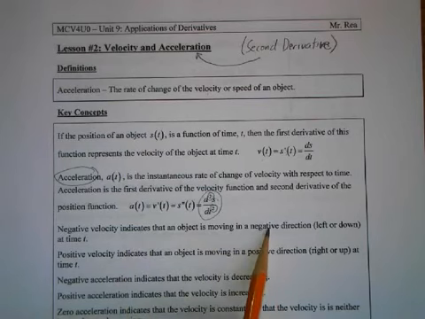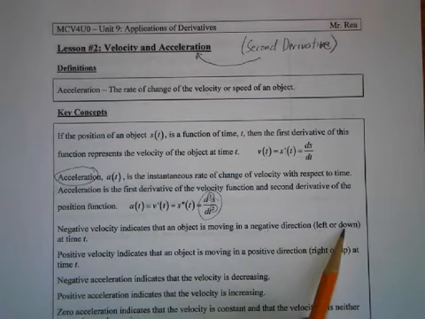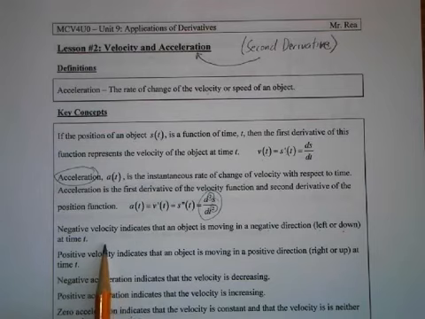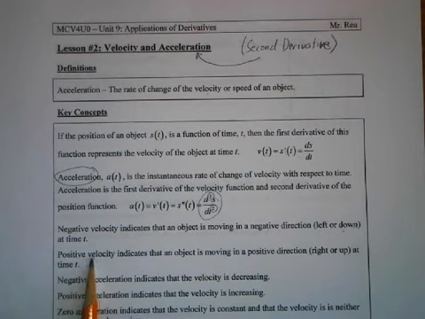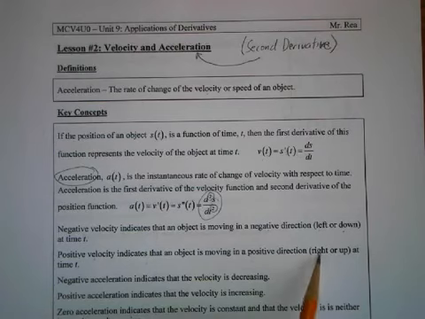The negative direction means the object is going to the left or going down. Remember velocity from vectors: it's not just speed, it's speed and direction. So you have to mention, is it going up, down, left, right? A positive velocity means that the object's moving in a positive direction, so it could be going up in the air or to the right.